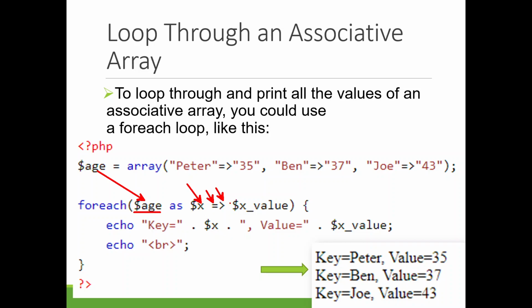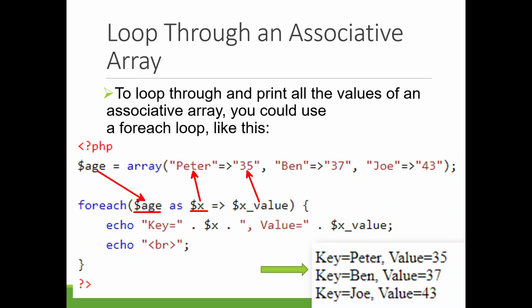Oh, not really. Sorry about that. What I meant is this: when we do age as x, this particular x is going to be storing the key in every loop, and this variable here is going to be storing the value.